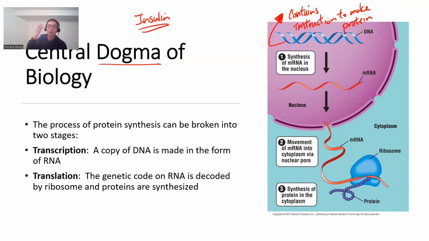To make insulin, we need to connect the right amino acids together. But which amino acids do we connect together? Well, all that information is in the DNA. Right. So any kind of protein that you need to make, an enzyme, the DNA is going to tell you how to do that. Okay?